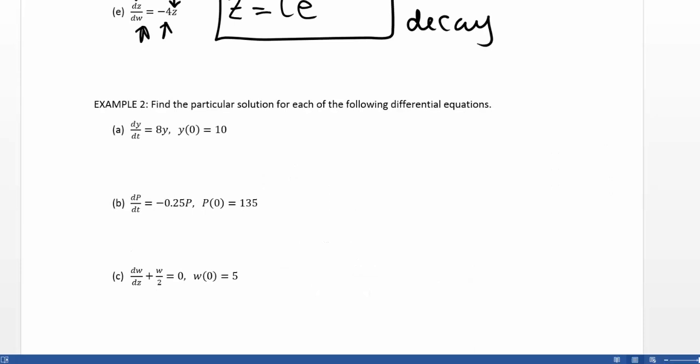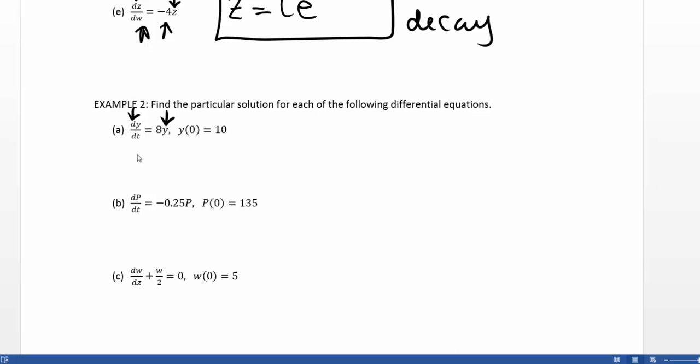Find the particular solution for each of the following differential equations. We're able to find a particular solution because each of these gives you an initial data point. Part A, dy dt equals 8y. So notice here again that the dependent variable is y, and that the variable we're using on the right is y. So we have a derivative that's equal to some version of the original function.